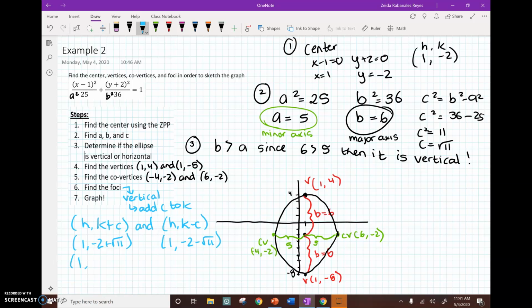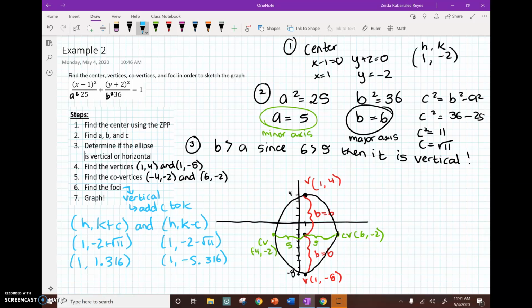Then I can approximate. That gives me about 1, 1.316 and 1, -5.316. And I can graph the foci points.